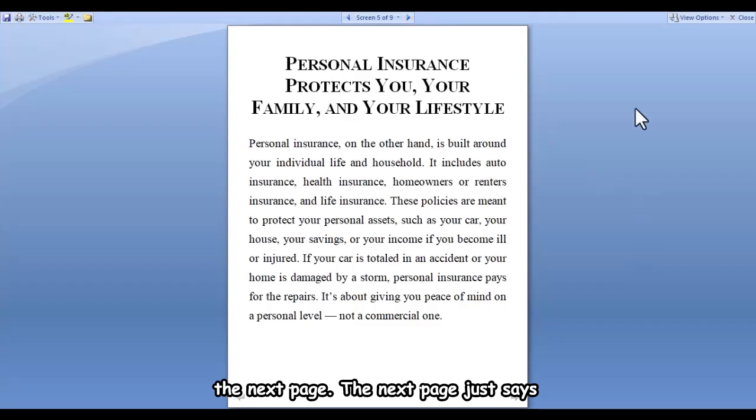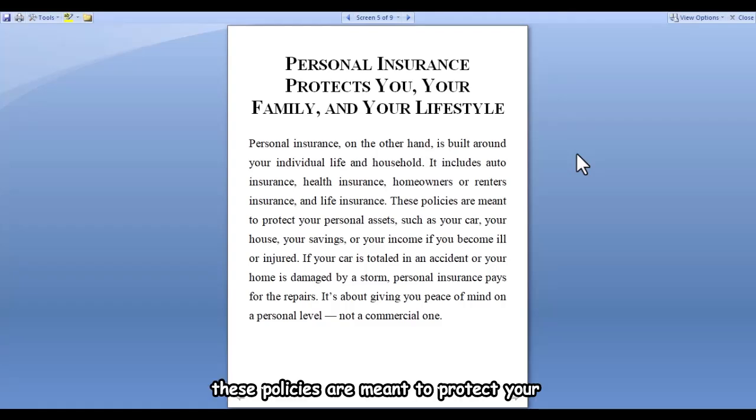The next page just says personal insurance protects you, your family, and your lifestyle. Personal insurance, on the other hand, is built around your individual life and household. It includes auto insurance, health insurance, homeowners or renters insurance, and life insurance. Very important.